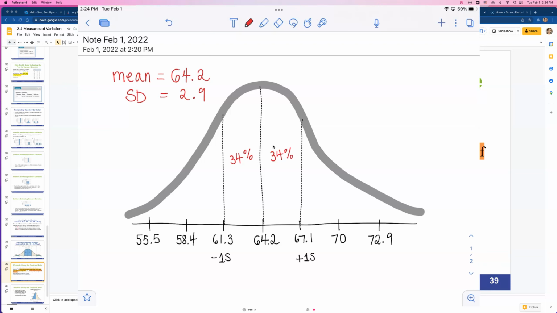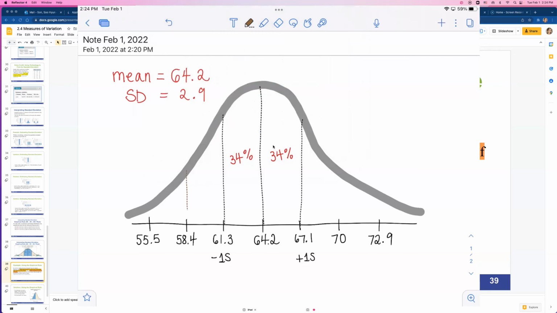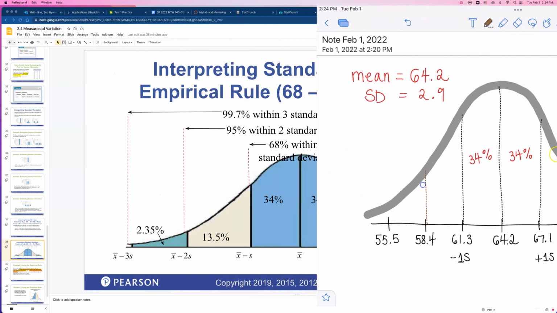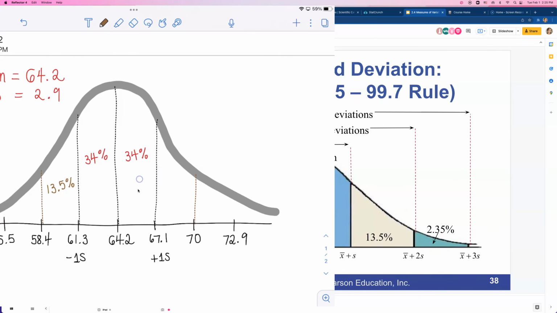All right, let's go out further. Let me do another line. So how much is from this to there? I want to just copy the numbers here real quick. To the left of 34, that's where we have 13.5%. So if that piece is 13.5, the piece to the right is also 13.5.